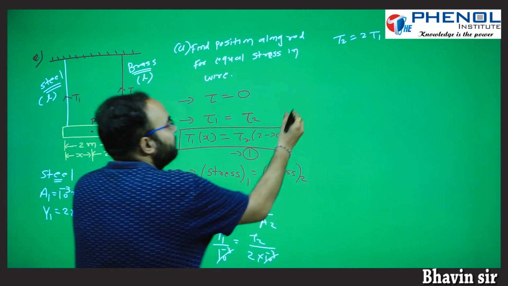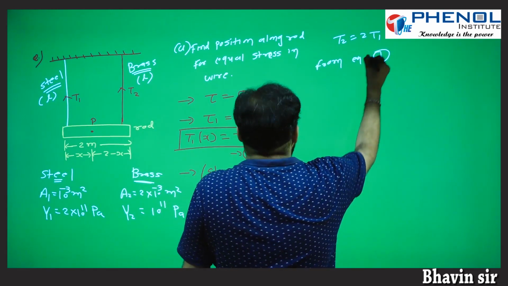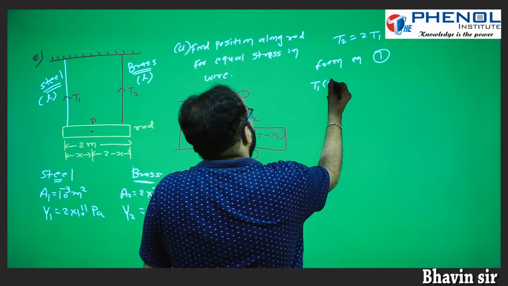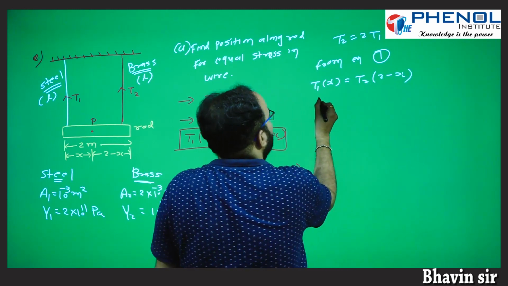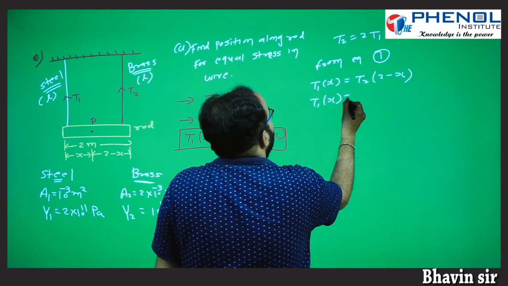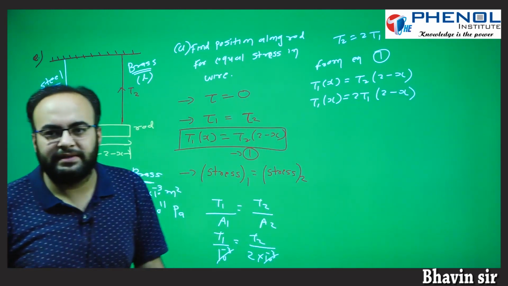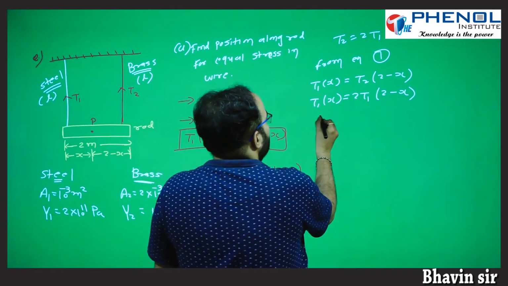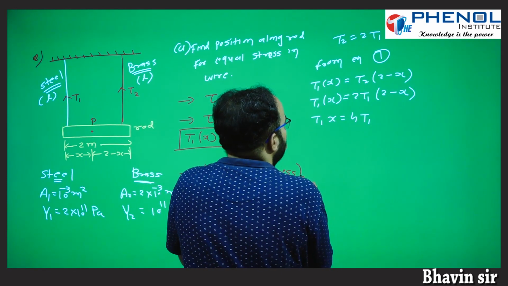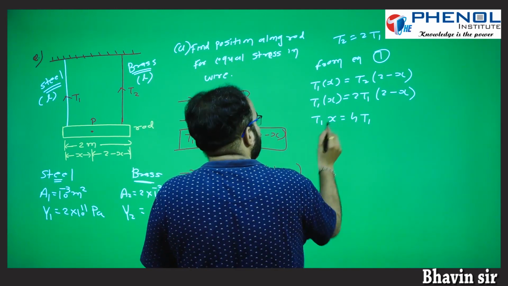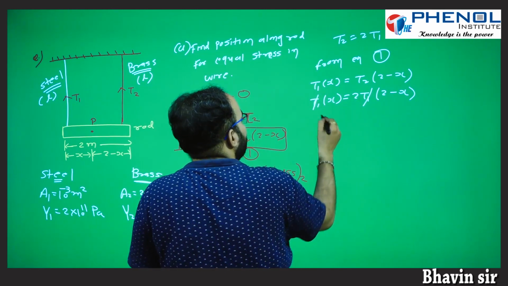Now place the value in equation number 1. T2 is 2T1, so T1x equals 2T1 into (2 minus x). Now students, we can cancel T1, T1.